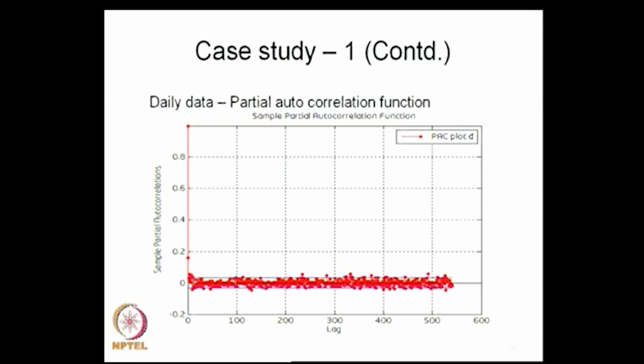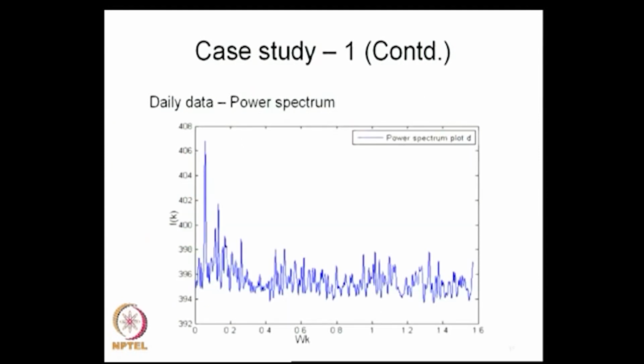Then we will look at the power spectrum. If you had regular periodicities, you would have seen that most of these spectral values will be in a certain band, and suddenly you see a large spike, but you are not seeing that in this particular case.